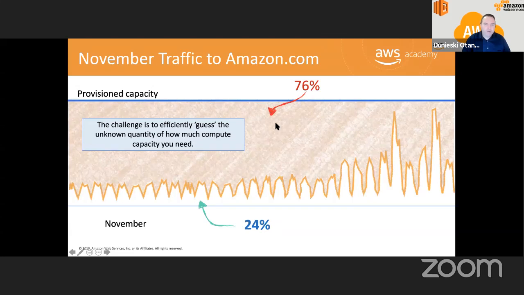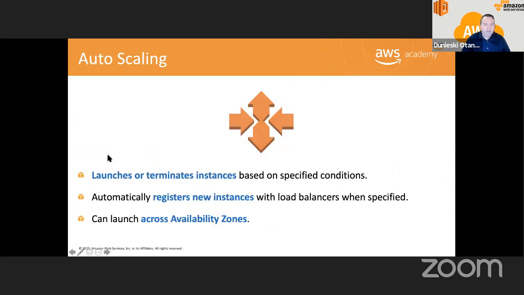How can you gauge that? There's no way to do that until it happens. So use this guy. It launches or terminates instances based on specific conditions that you can set, automatically registers new instances with load balancers when specified, and you can launch across availability zones, okay?